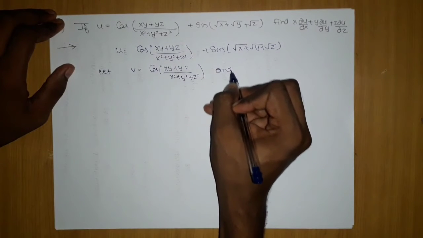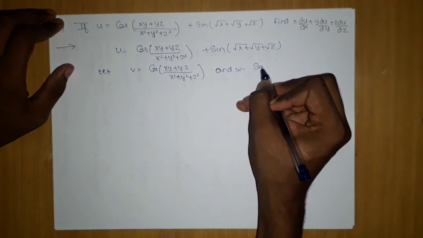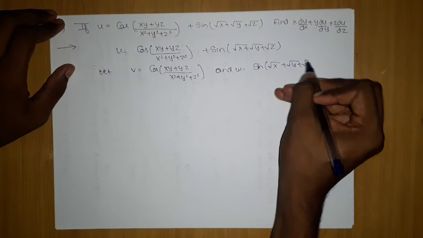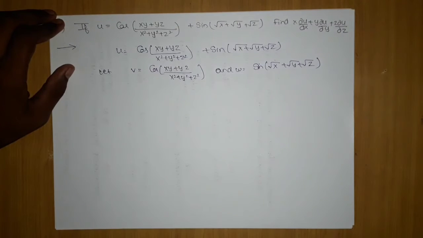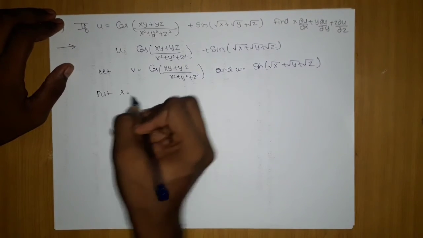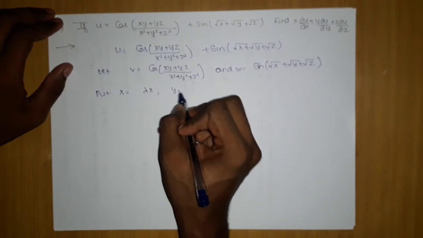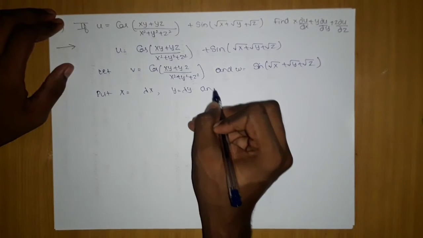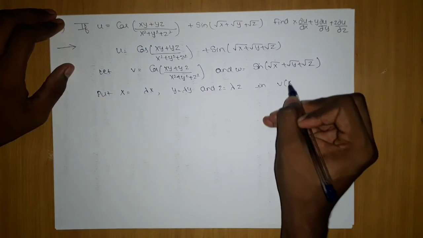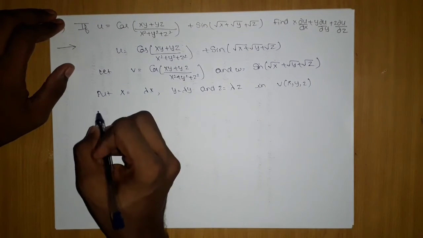And w equals sine of (under root x plus under root y plus under root z). After doing this step, what is your next job? Put x equals lambda x, y equals lambda y, and z equals lambda z in v(x, y, z).